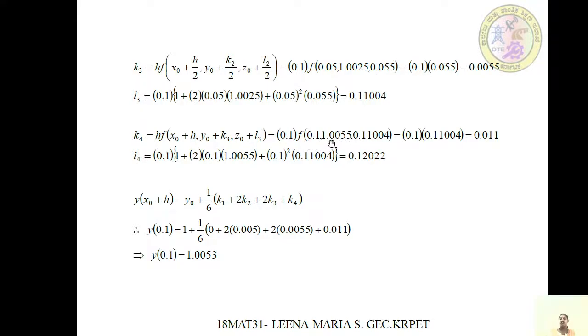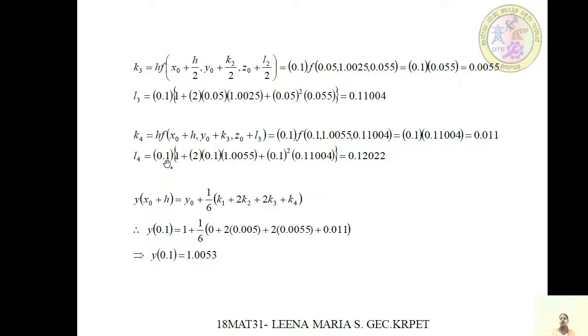The function f is nothing but z, so 0.1 times the value of z, 0.11004. Multiplying these two, we get 0.011.